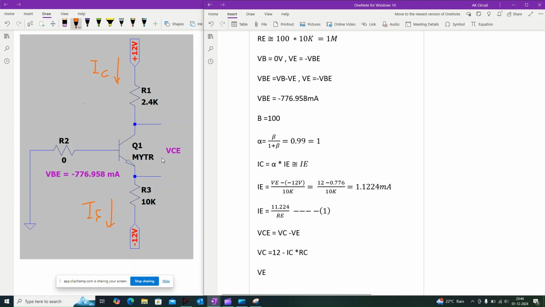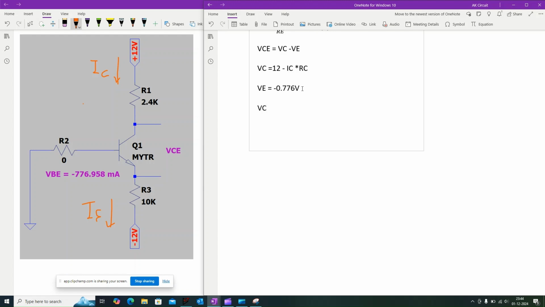And we know VE is equal to minus 0.776 volt. So VCE is equal to 12 minus of minus 0.776 volt, which is equal to 12.78 minus IC into RC, and we can call it equation 2.